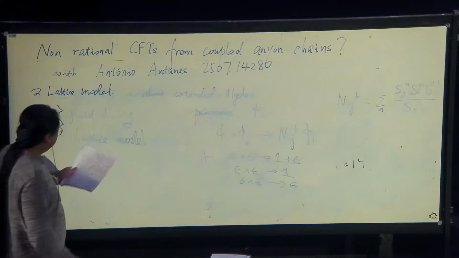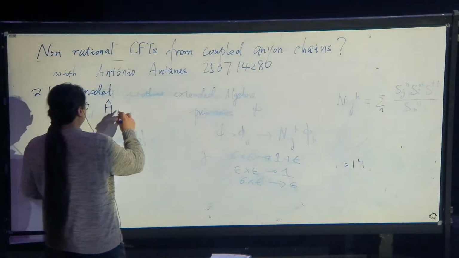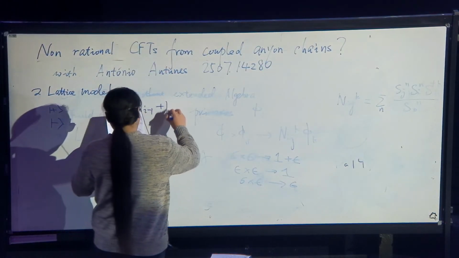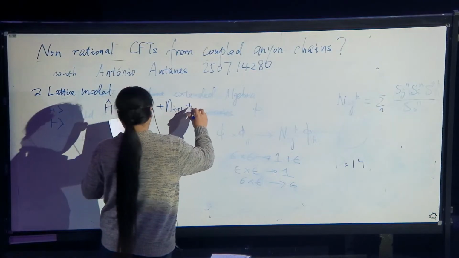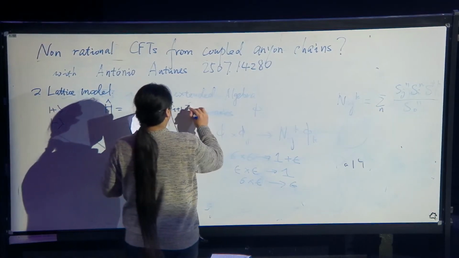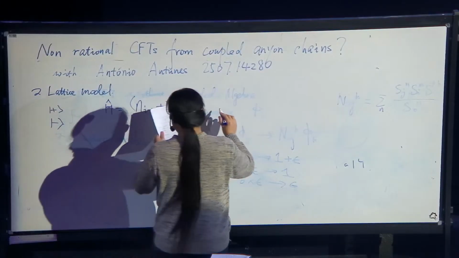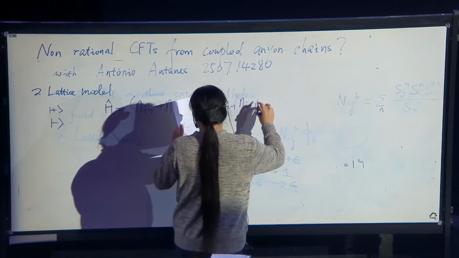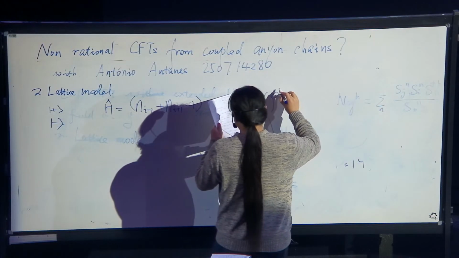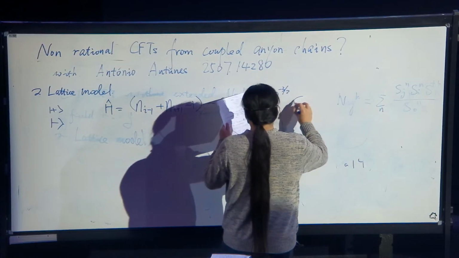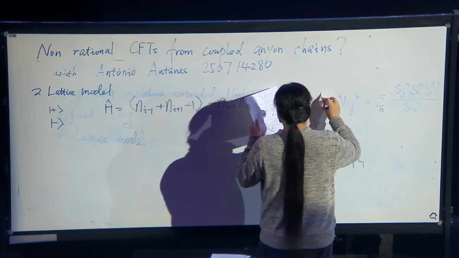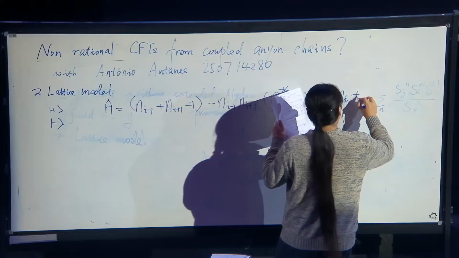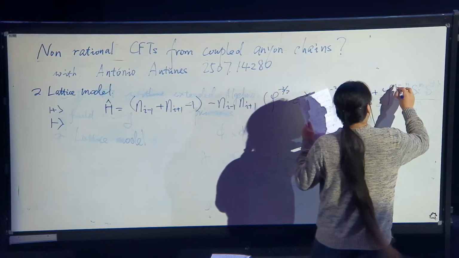And my Hamiltonian, let me write it down, is given by a sum of terms, with the golden ratio appearing again, with sigma x and projectors.